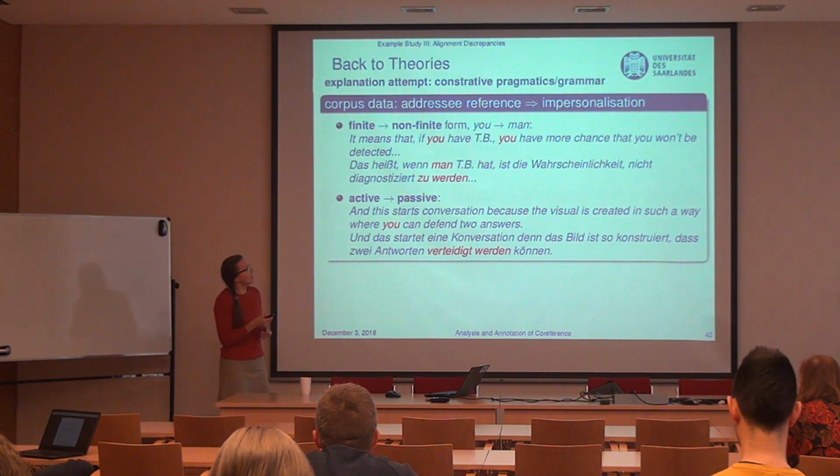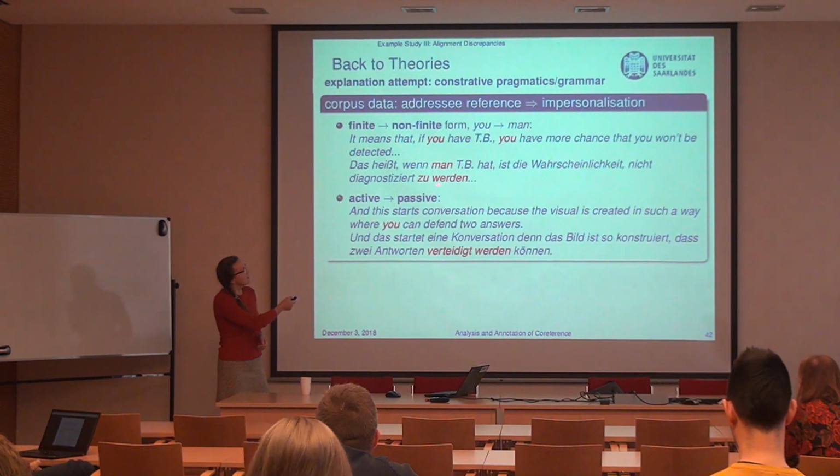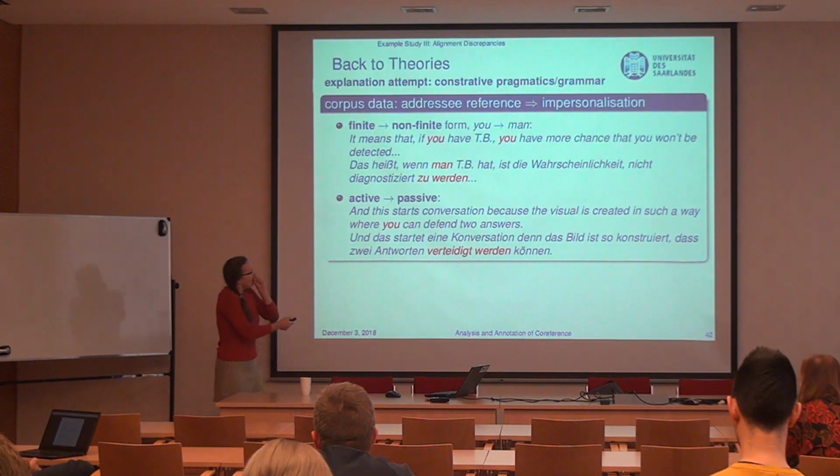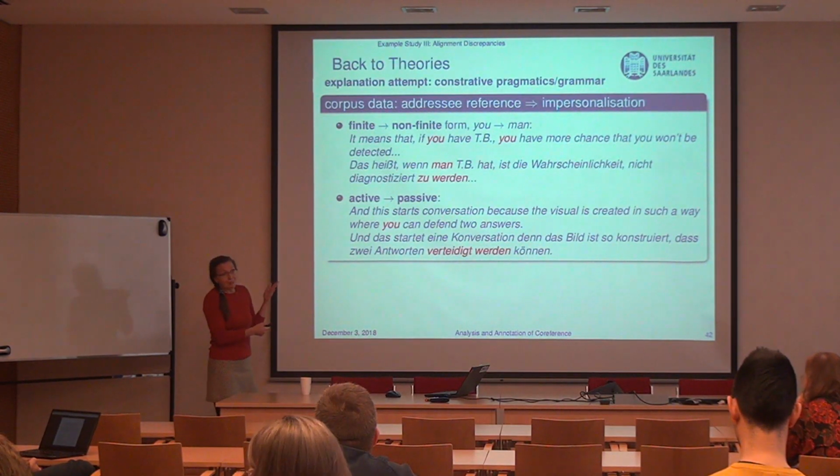And as I said, we had a lot of cases in English where we had "you", and we have transformations from finite to non-finite constructions. So this is less personal construction.